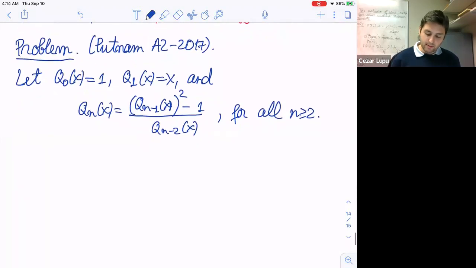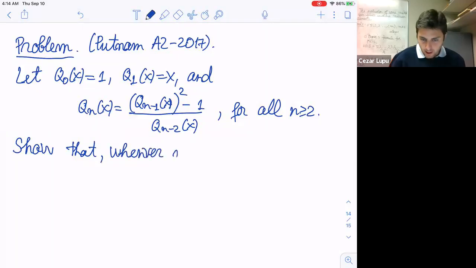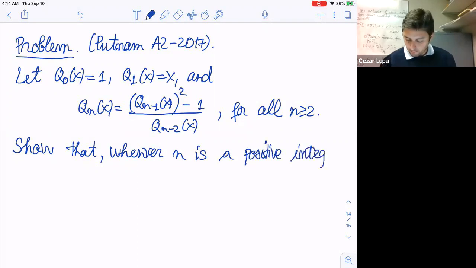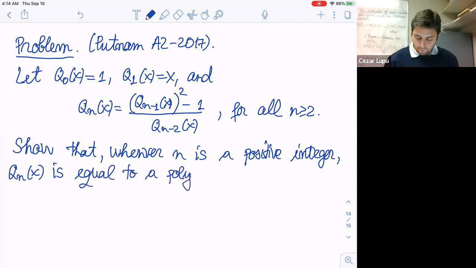The problem asks us to show that whenever n is a positive integer, Qn of x is equal to a polynomial with integer coefficients.